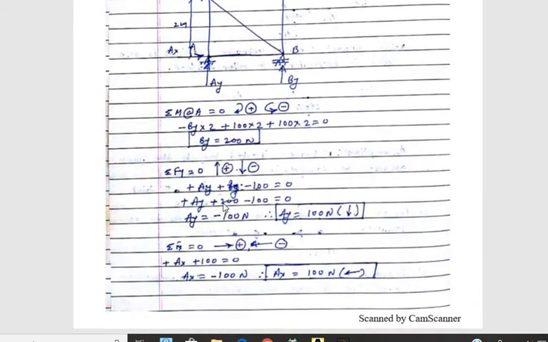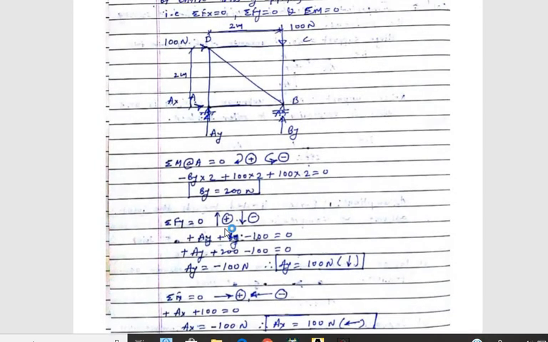Second, summation Fy is equal to 0, upward positive, downward negative. Ay plus By minus 100. In the case of Fy, there is only 1 vertical force that is known, 100 Newton, and Ay plus By are the 2 unknowns. After putting that in, Ay is equal to minus 100 Newton. Minus means it is going in the downward direction.